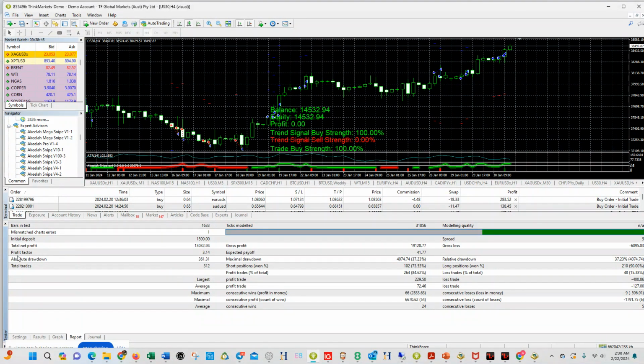So this is an important number here. Absolute drawdown is the total deficit that our account ever got since we started. So since we started at $1,500, how much in the hole did we go? So we went a little over $300 in the hole. And so, it might have been a little bit of a rough start percentage wise.